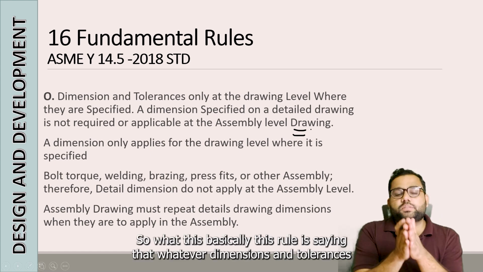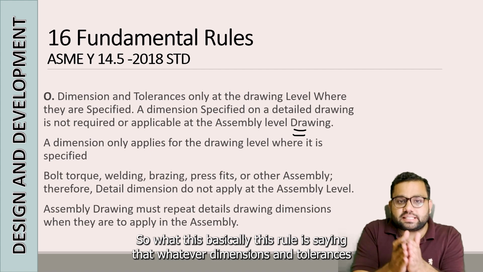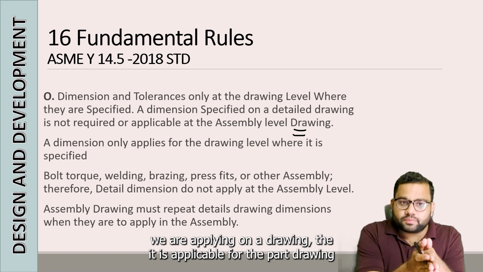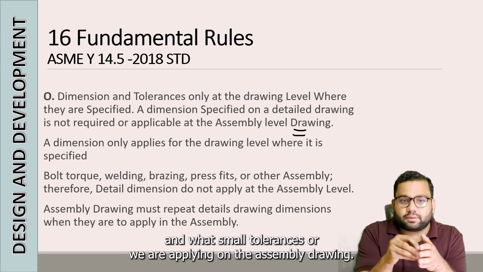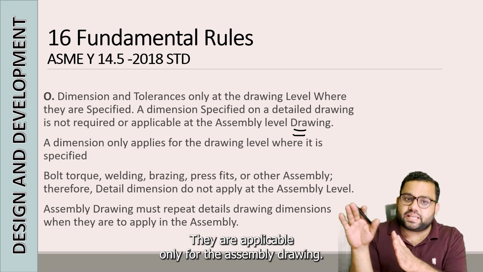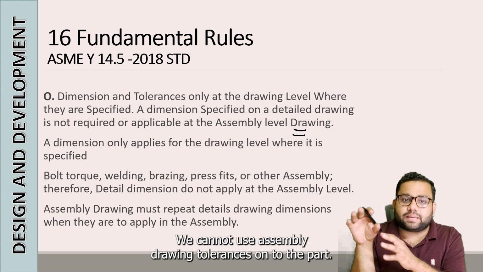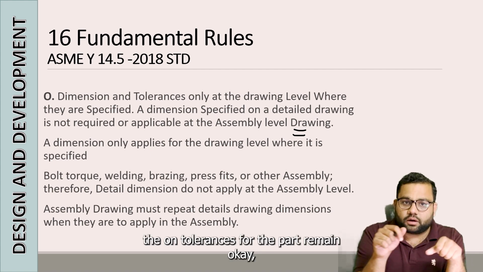So what this rule is saying is that whatever dimensions and tolerances we apply on a part drawing are applicable for the part drawing, and what we apply on the assembly drawing is applicable only for the assembly drawing. We cannot use assembly drawing tolerances for the part drawing.